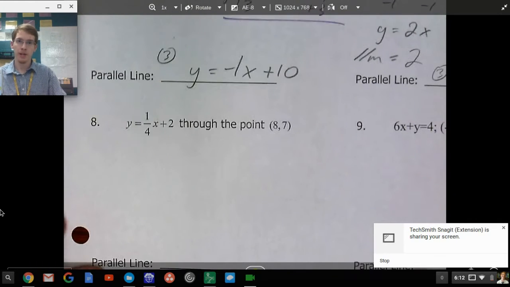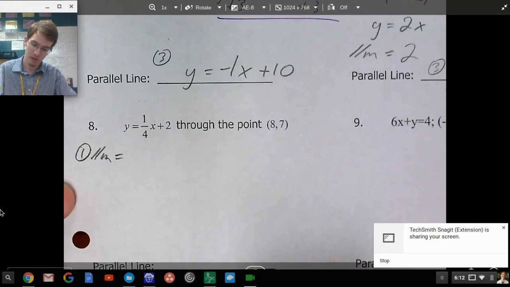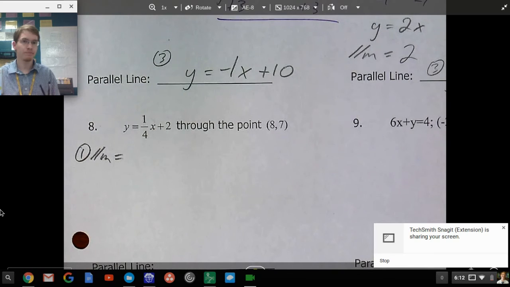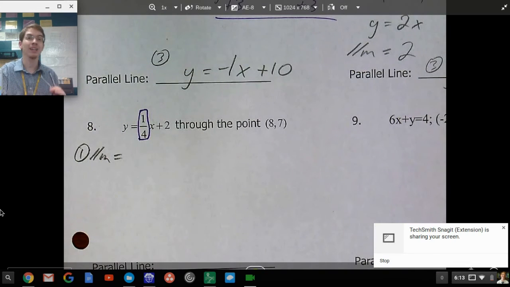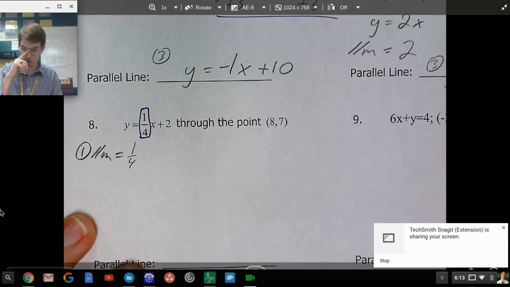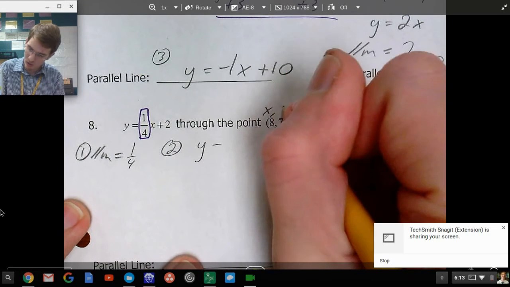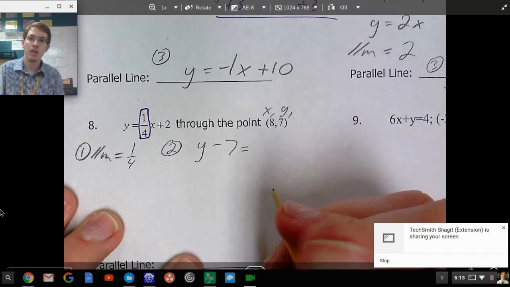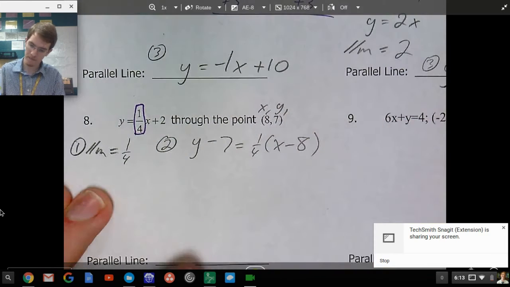So number 8, step 1, find our parallel slope. Well, this line right here is already in y equals mx plus b, right? So the slope is 1/4. So the parallel slope, remember, parallel, same slope, 1/4. So that part's easy. Part 2, y minus y1, so y minus 7, equals 1/4 times x minus 8.